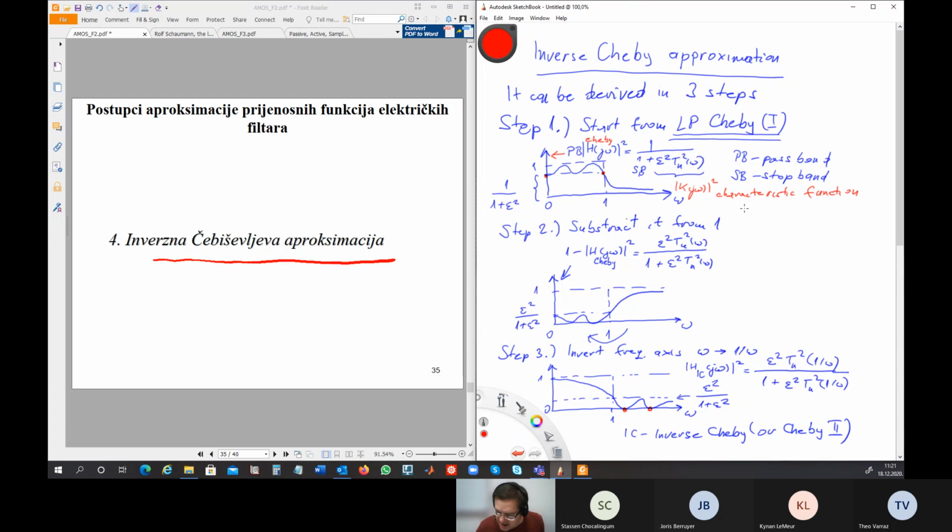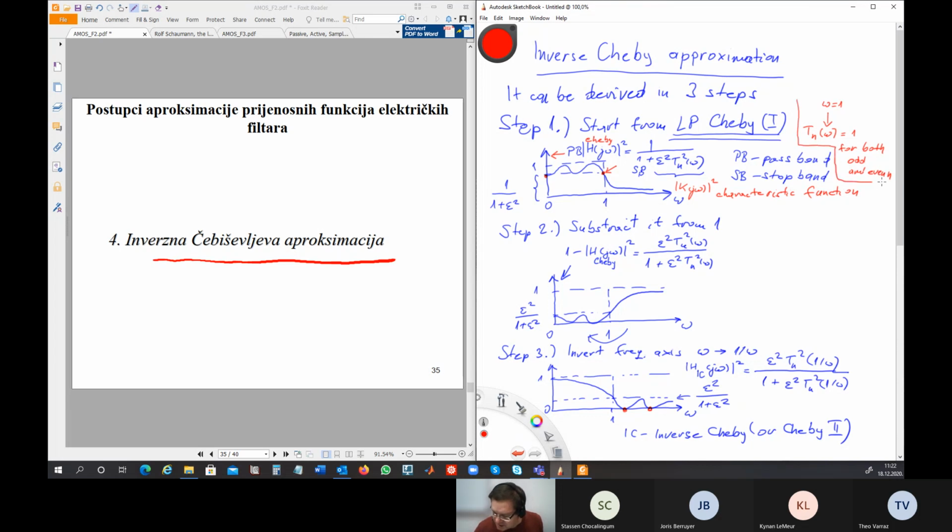We know that this Tn is the Chebyshev polynomial. If we put omega equal to 1, it has value 1. So you have this point here. This is for both odd and even n. Okay?